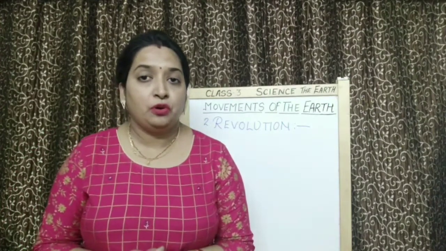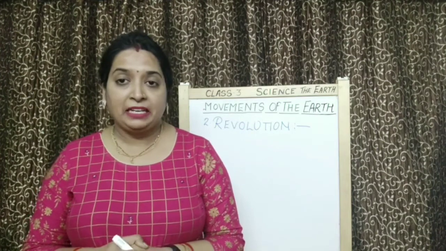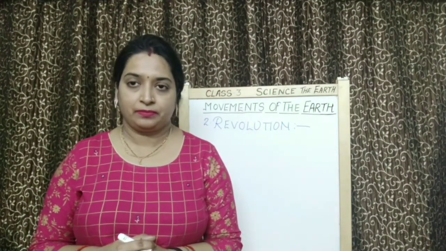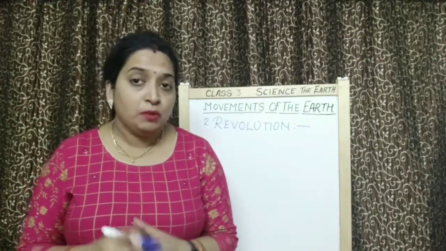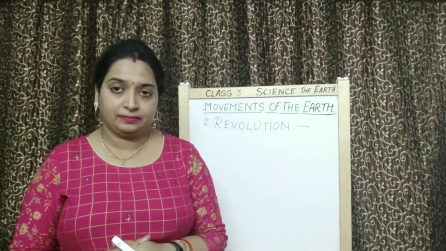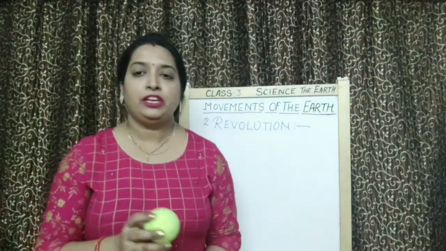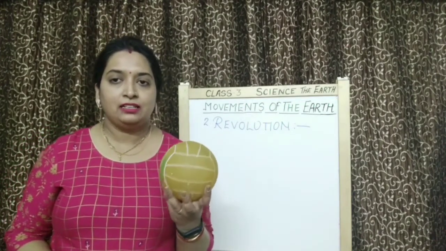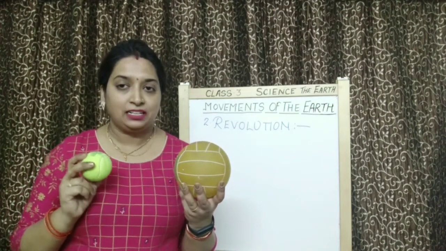As all of you know about solar system, in solar system many planets move around the sun. Okay? So children, our earth also moves around the sun. Like, I am showing you here one ball. Suppose this is representing sun and this is representing earth.